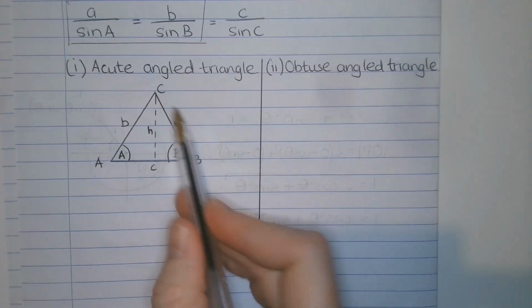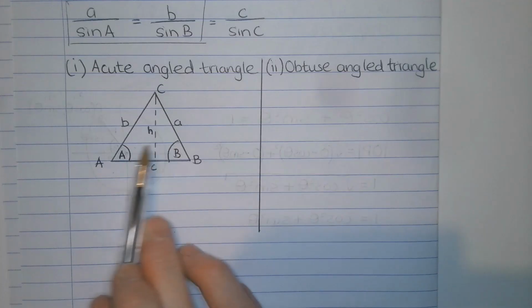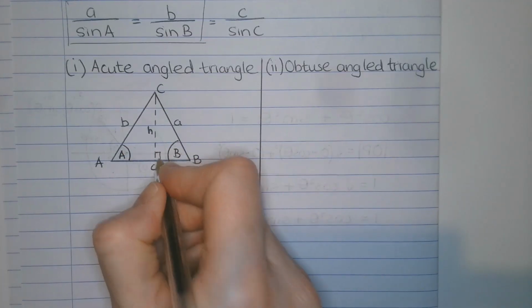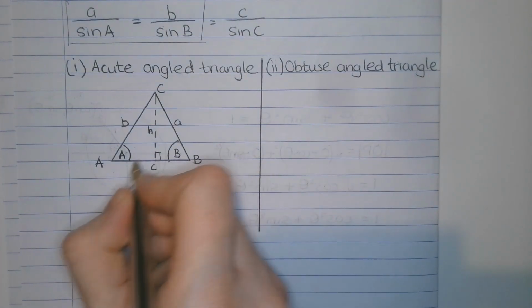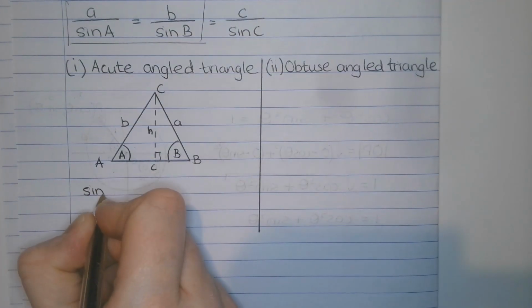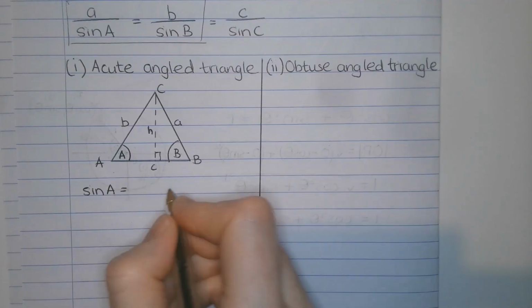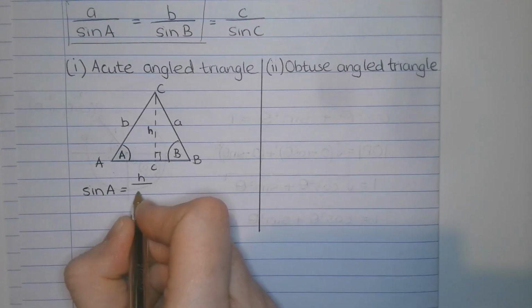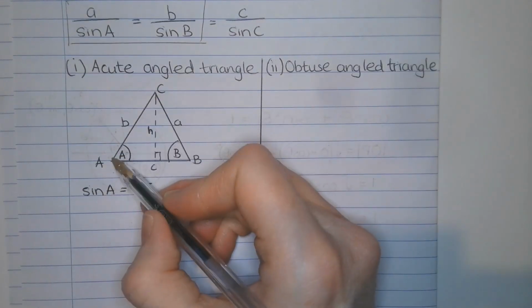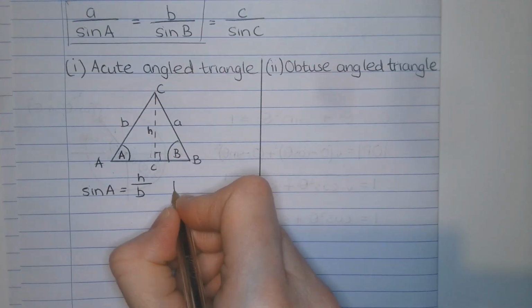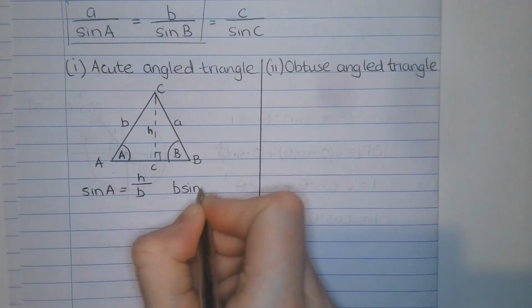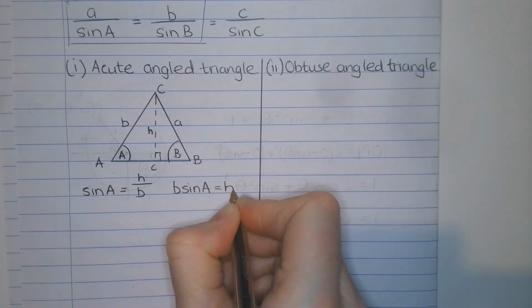And in this triangle, we're going to look at the two different right angle triangles we've just created with that line h. What we can say is that the sine of A will be equal to h over b. That's looking in the left-hand side triangle here, which means we can say that b sine A is equal to h.